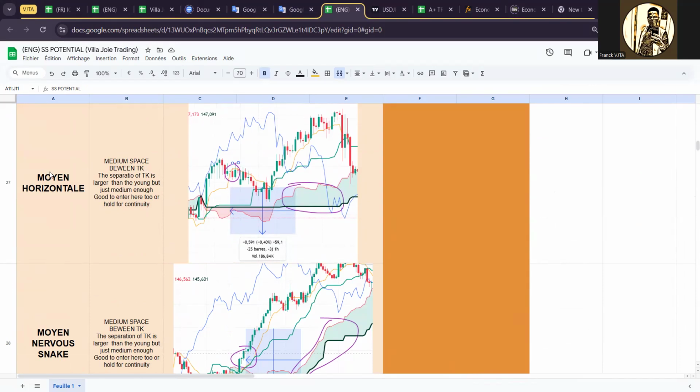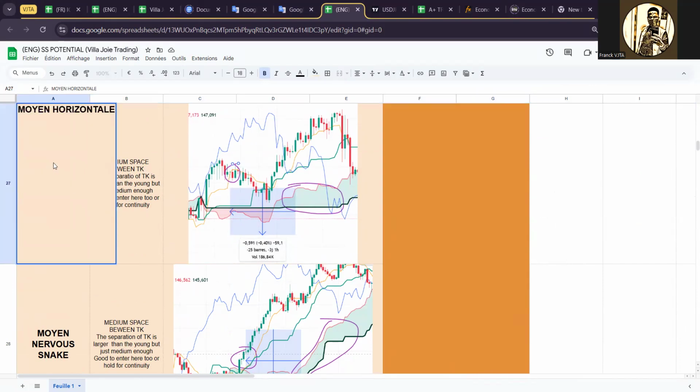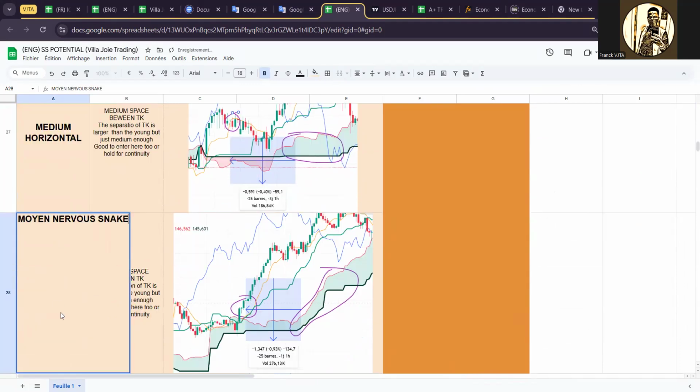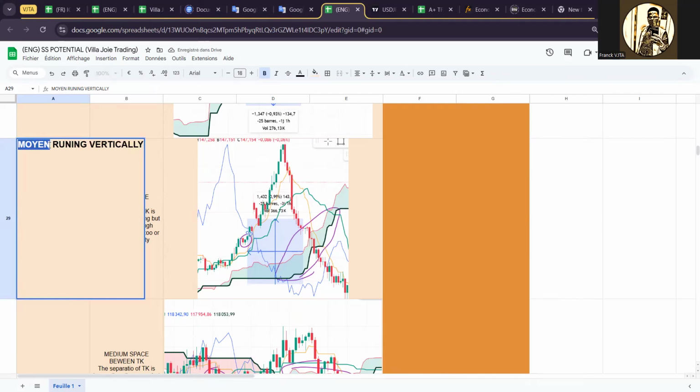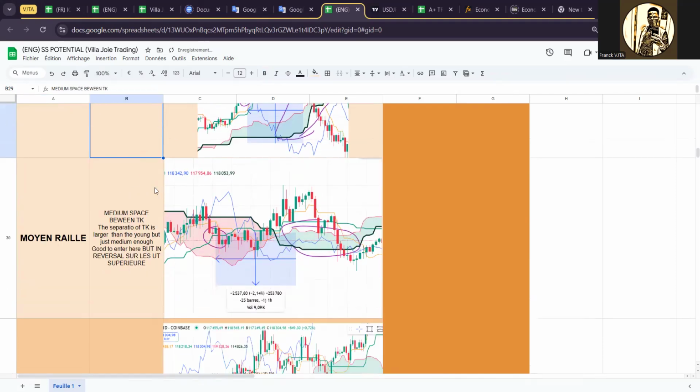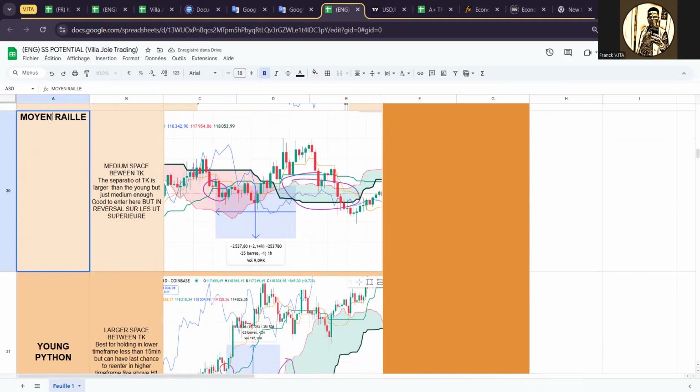Now we have the medium. Again, I forgot to translate this one. Medium horizontal, medium snake, medium running vertically, medium rail.